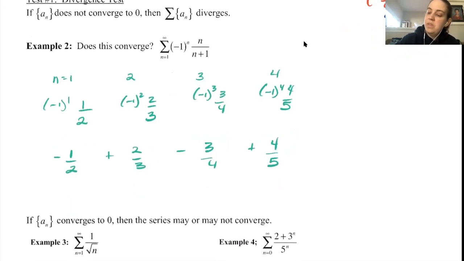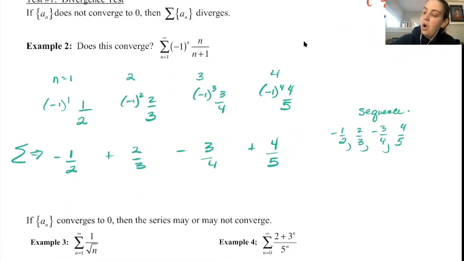So what's going on with each individual term? This is what the sum looks like when we add or subtract. Your individual terms are -1/2, +2/3, -3/4, +4/5. This is your sequence. The question is, are these terms approaching 0?